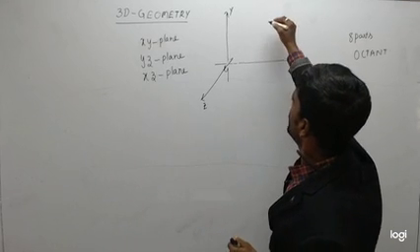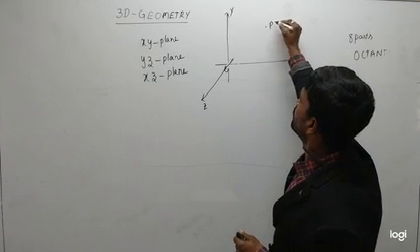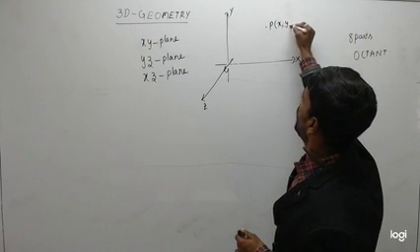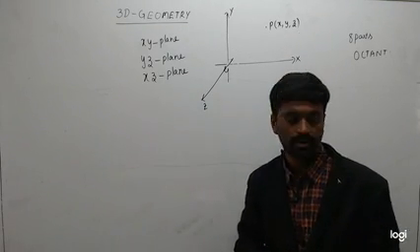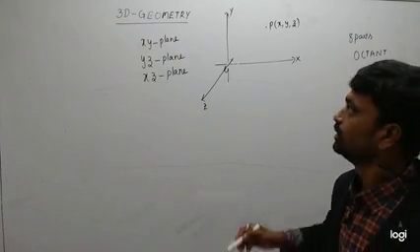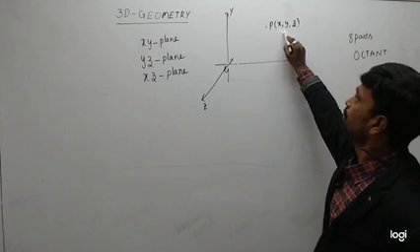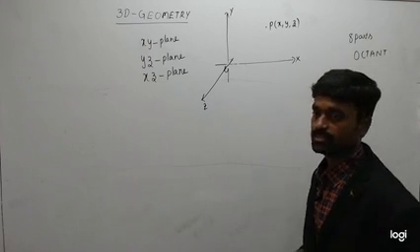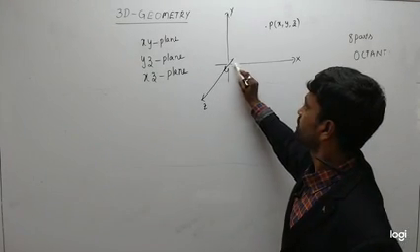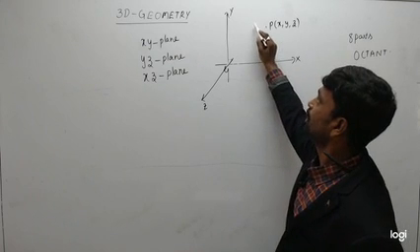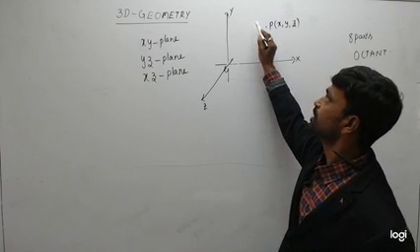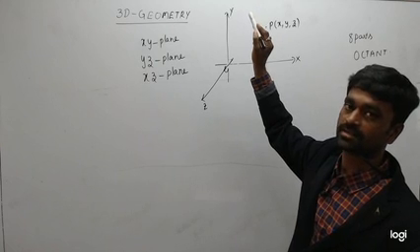Then how can we define the point P as x, y, z? The coordinates of P become x, y, z if you move x units along the x-axis, y units along the y-axis, and z units along the z-axis direction.